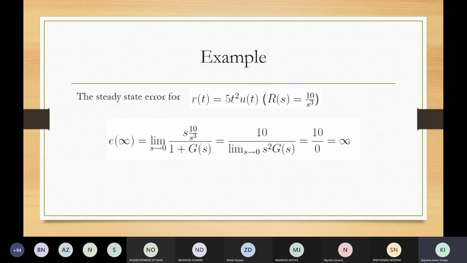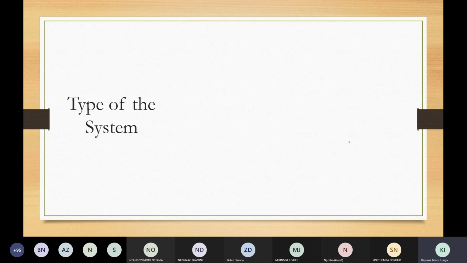So when we have one integrator, we can see that the steady state error for the step function is equal to 0, because our limit is equal to infinite, and the steady state error for the ramp has a certain value, but there is no steady state error for the parabolic because it's equal to infinite.